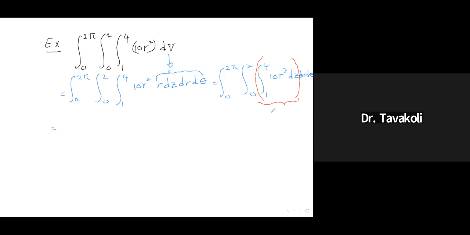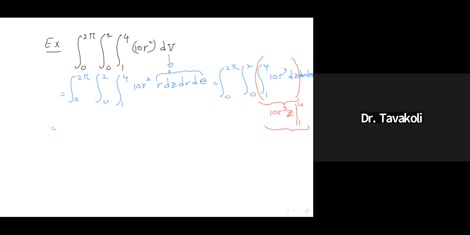So it's going to be 10r cubed times z, evaluated at the limits. When z is 4, 10r cubed times 4, and when z is 1, 10r cubed times 1.